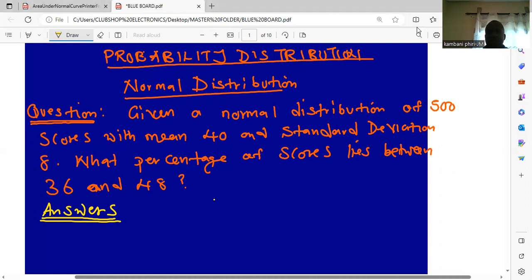The question is, given a normal distribution of 500 scores, with mean 40 and standard deviation 8, what percentage of scores lies between 36 and 48?